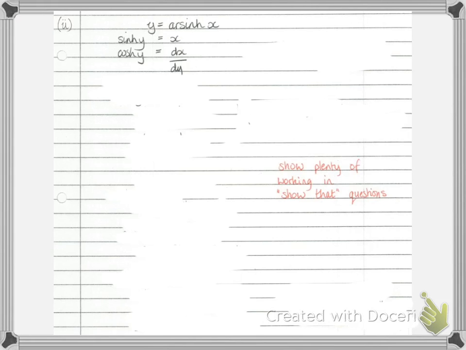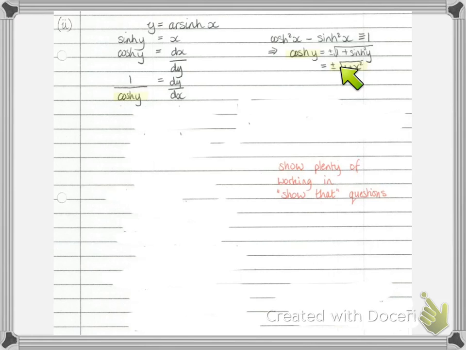That would give us cos y is dx/dy. Now dy/dx that we're after is 1 over dx/dy. So we can reciprocate on the other side to give us 1 over cos y is dy/dx. Now that is an expression for dy/dx, but that's in terms of y, and we'd like it to be in terms of x.